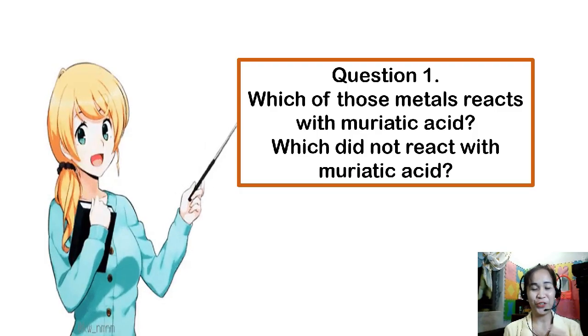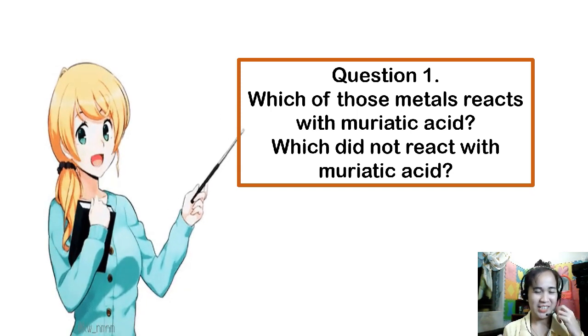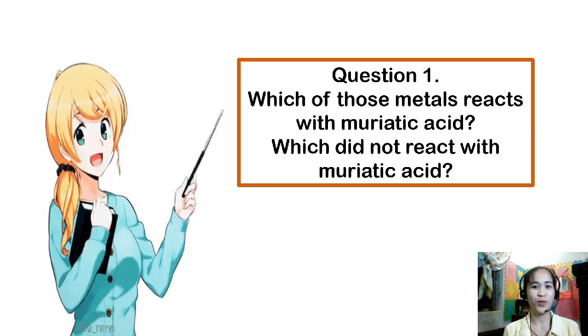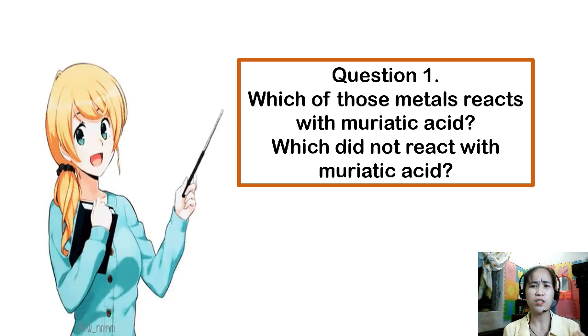Okay, after you watch the video, here is now our question. For question number 1, which of those metals reacts with muriatic acid and which did not react with muriatic acid?